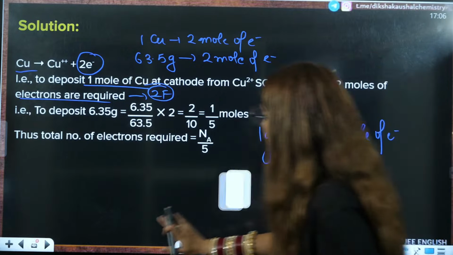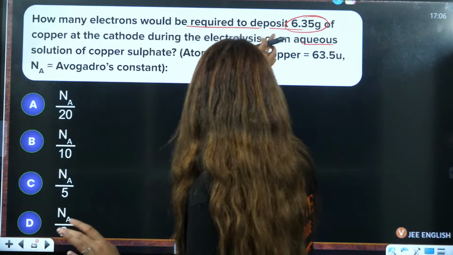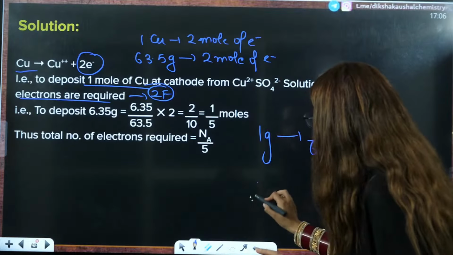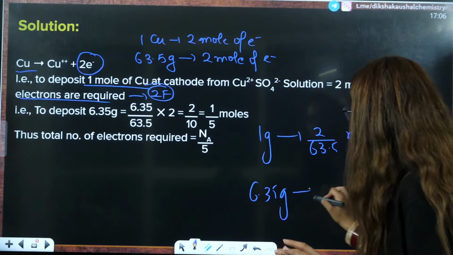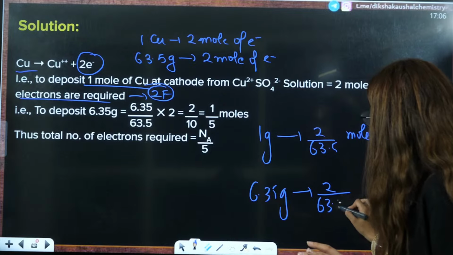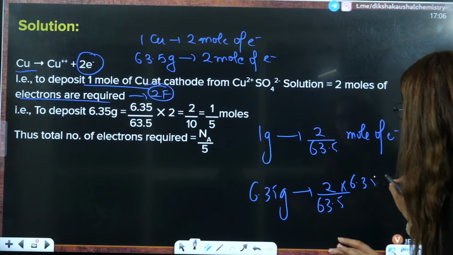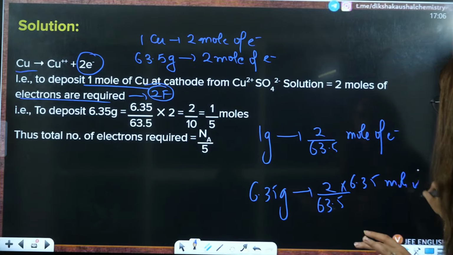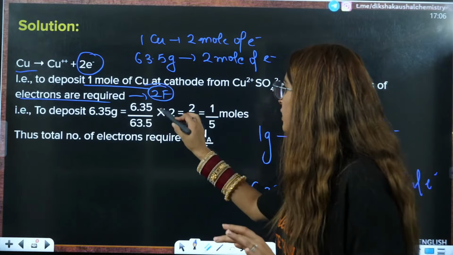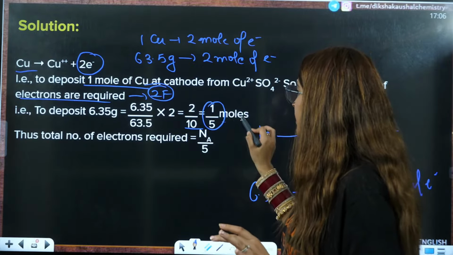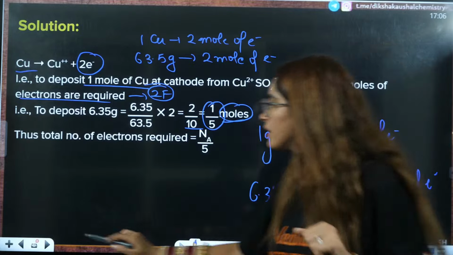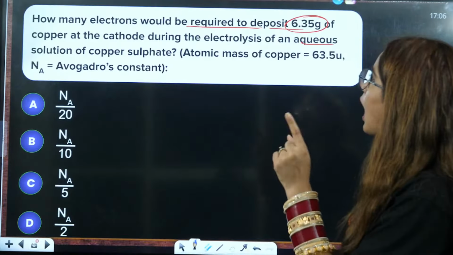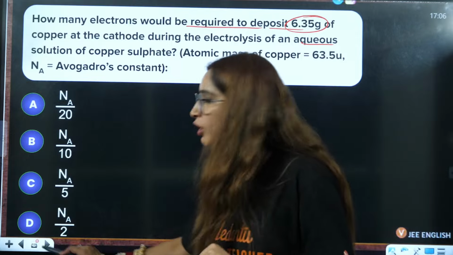They have given you in the question 6.35 gram. So 6.35 gram will need 2 by 63.5 multiplied by 6.35 mole of electrons. When you solve this, you will get your answer as 1 by 5 mole. Now, are they asking you moles? They are asking how many electrons, not moles.